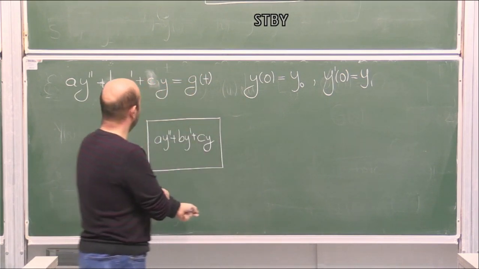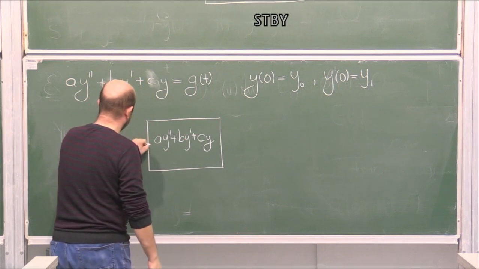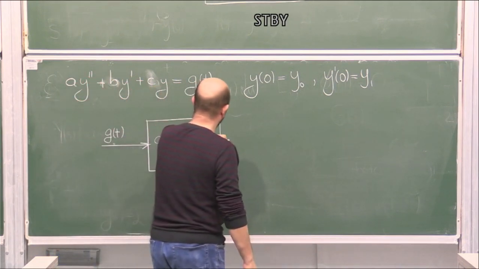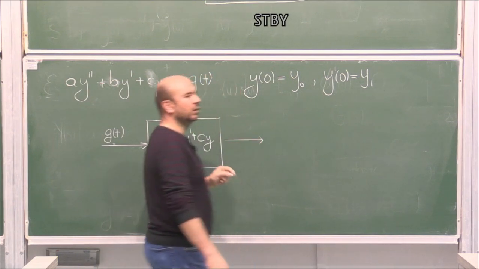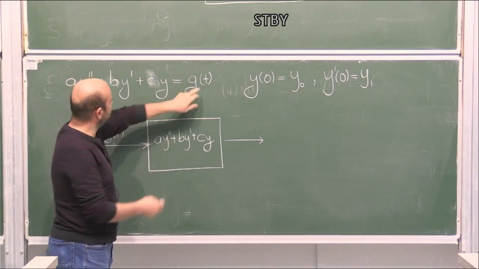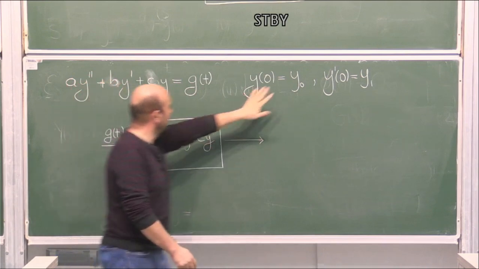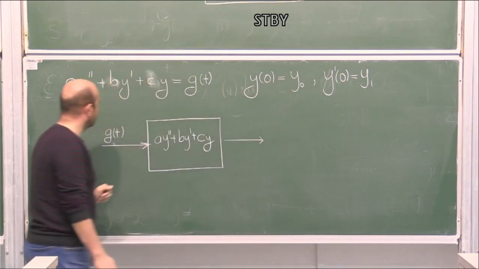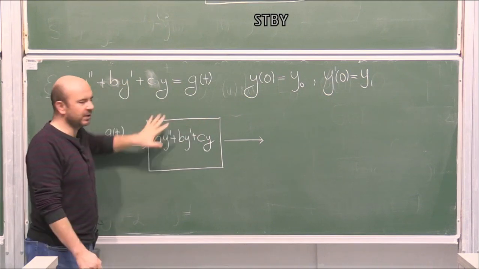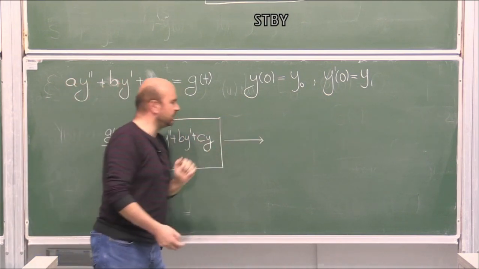Okay, and now your forcing function may change. You can think of your forcing function as an input signal, and you want to understand the output. So for every forcing function, you want to understand what is the solution under 0, 0 initial conditions. Your differential equation will give you a processor, and you put your signal in, and the output is your solution.